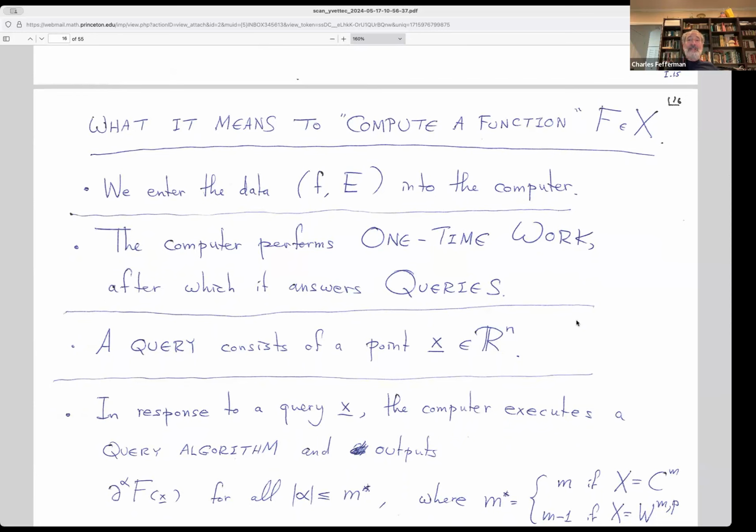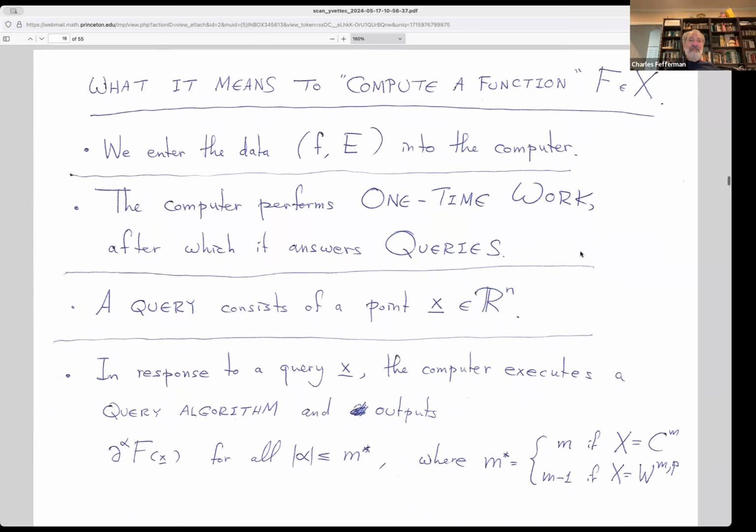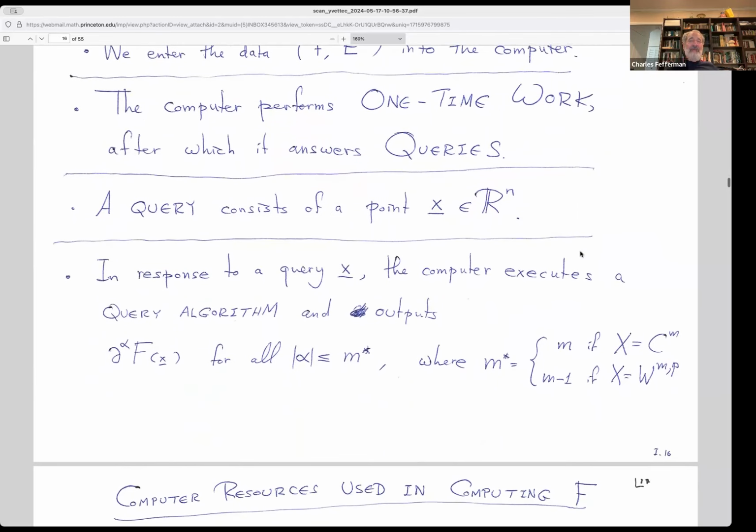A query consists of a point of R^n, and in response to a query X, the computer executes a query algorithm and outputs the value of the function capital F at X, together with as many derivatives as we're allowed to have. So if we're working with C^m, our functions have m continuous derivatives, and we demand that our query algorithm output all the derivatives of F up to order m.